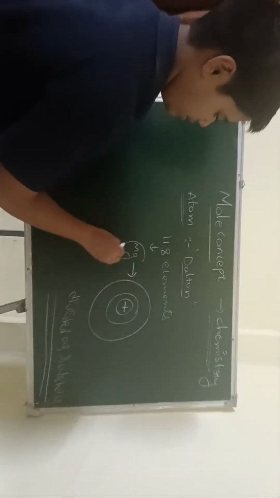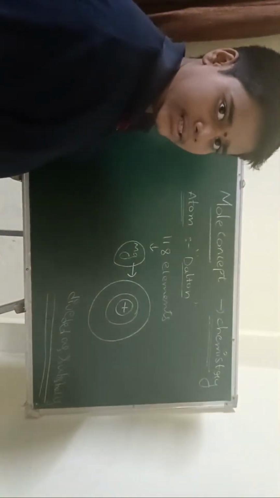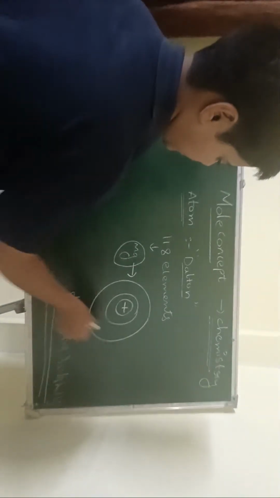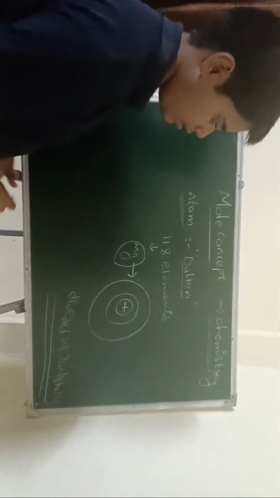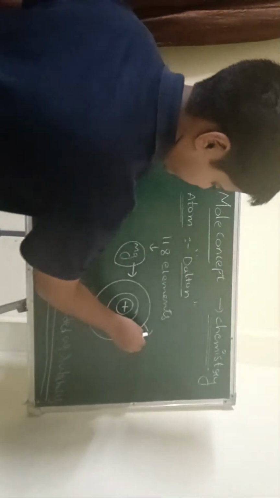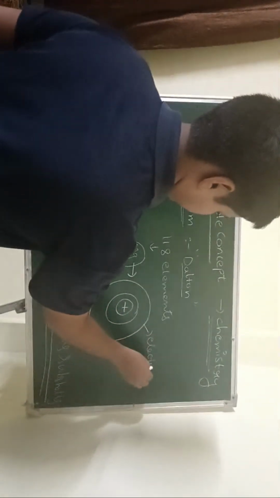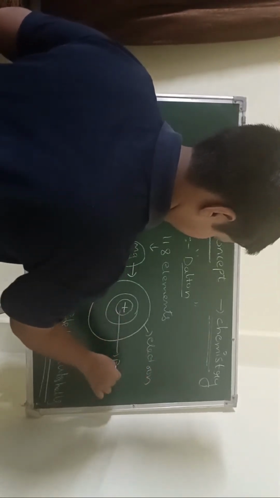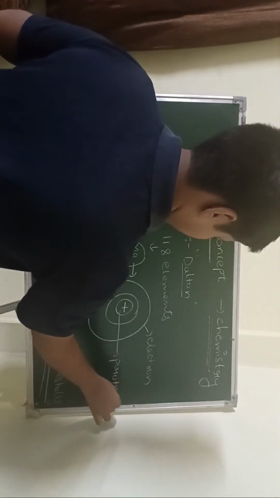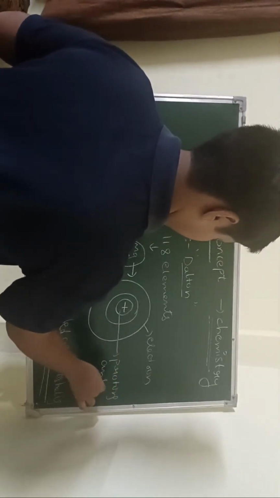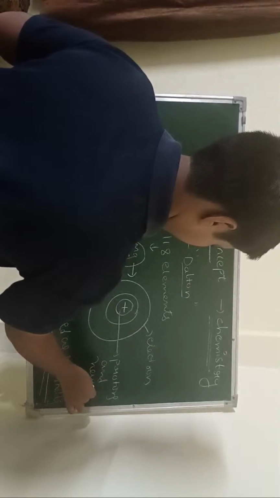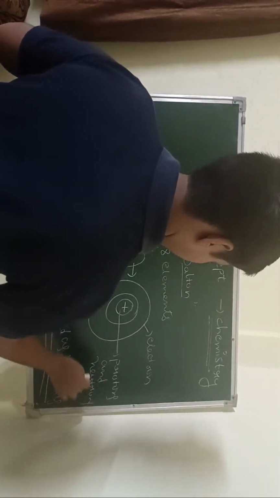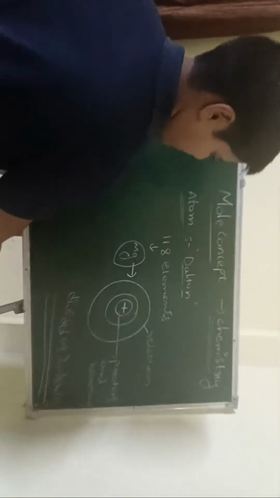Mg is an atom that consists of subatomic particles like electrons, protons and neutrons.